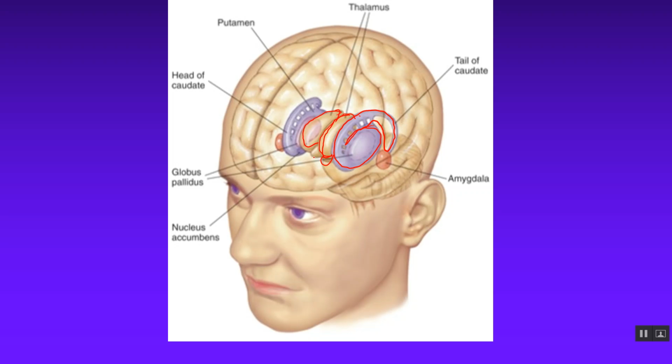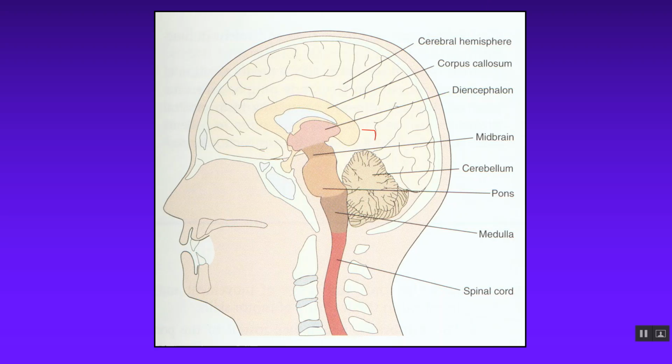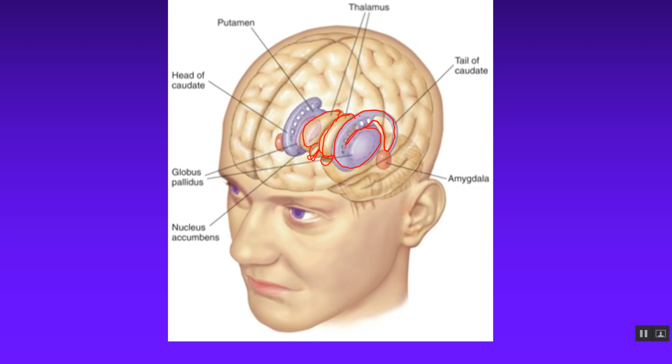And then below that, sticking out below, is the hypothalamus, okay? Amygdala is part of the limbic system. It's actually not part of the basal ganglia. It just happens to be at the little tip of the tail of the caudate there. But just for appreciation, these are paired structures on both sides of the brain. You've got basal ganglia on both sides, a thalamus on both sides, and they're paired up. And those are all cell bodies in there, nuclei.